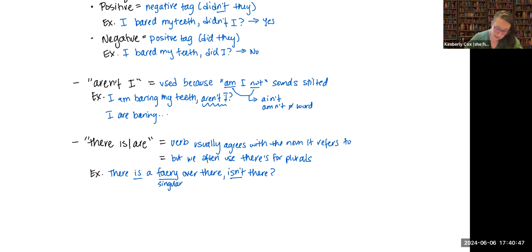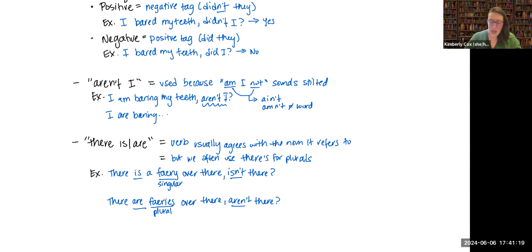Now, interestingly, right, we would say there are fairies, and I am using the weird spelling of fairies that happens in the book, A Court of Thorns and Roses. It's just like a medieval spelling. There are fairies over there, aren't there? Right? So fairies is plural. So we have are, which agrees in person, right?